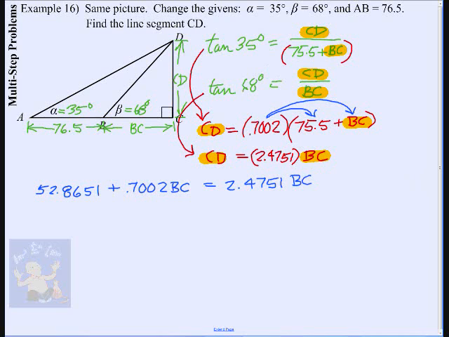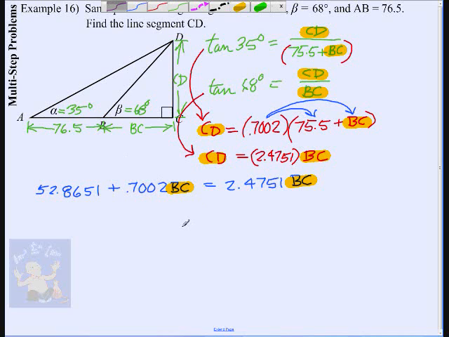So I did substitution there. Since they're both equal to CD, I said they are equal to one another. Now I just have one variable to solve for, which is good news, isn't it?